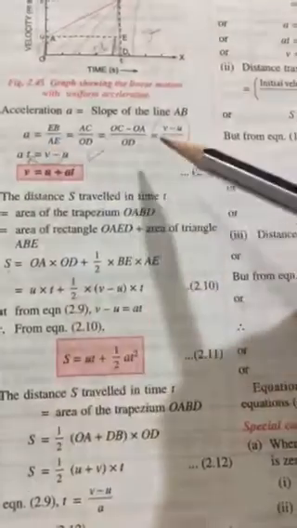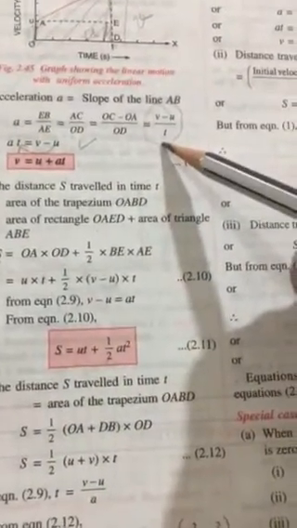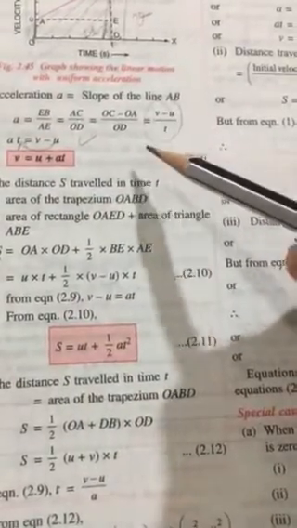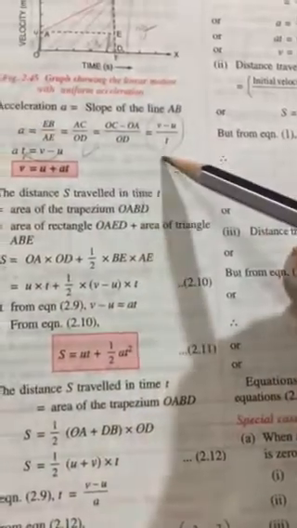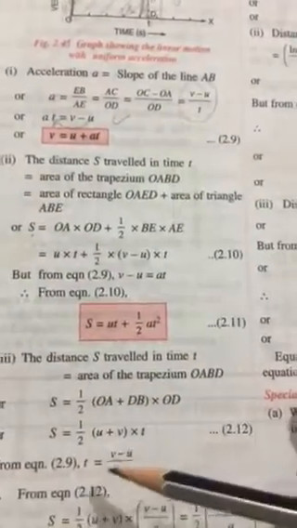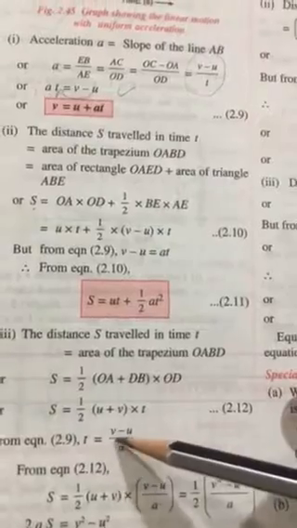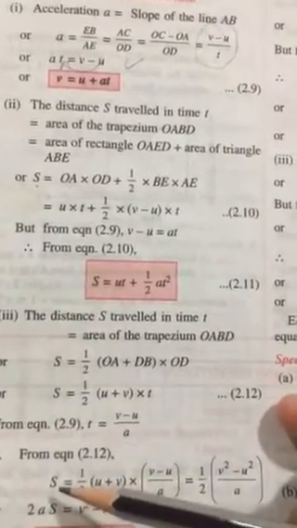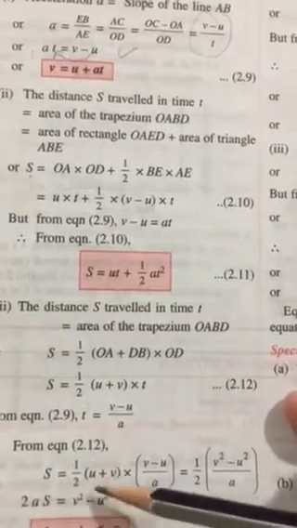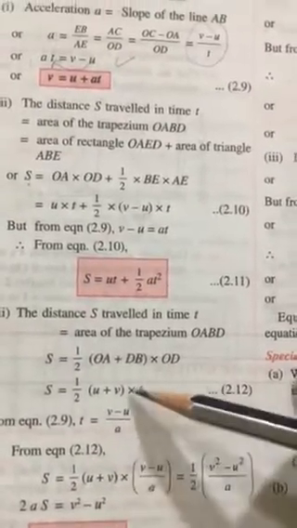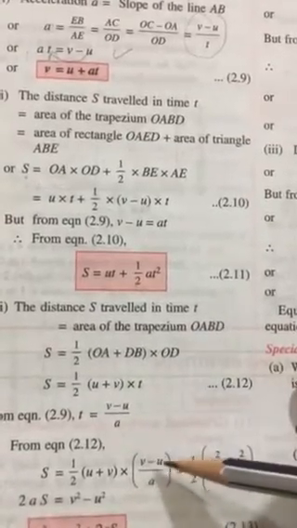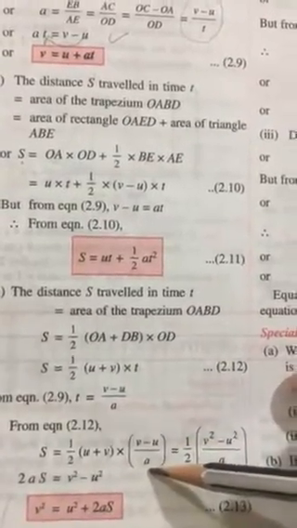If A is equal to V minus U upon T, then T should be equal to V minus U upon A. T would go here and A would come down. Hence we substitute T as V minus U upon A. Now the formula becomes S is equal to half into U plus V into T, and in place of time we can put V minus U upon A.